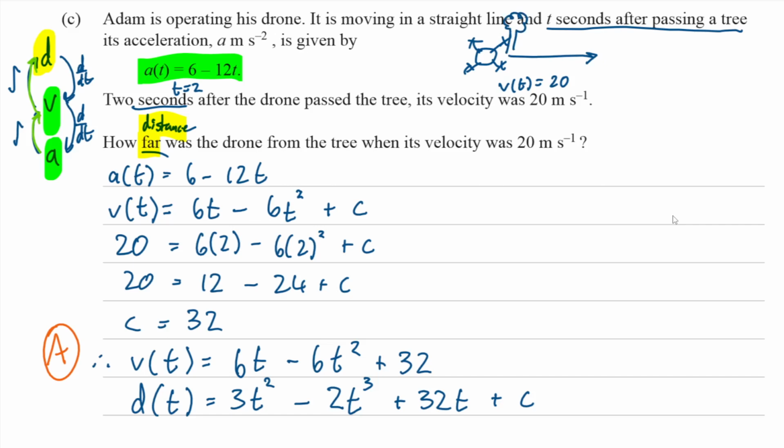That's when we start the timer, and it is also where we start measuring distance from. So it's implied that when time is 0, the distance the drone is from the tree is also 0, as it passes the tree.